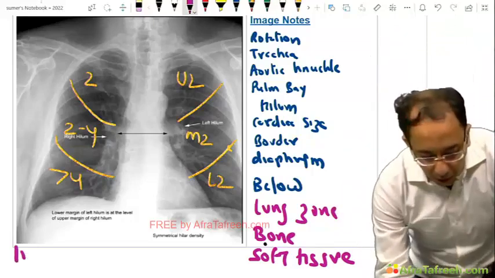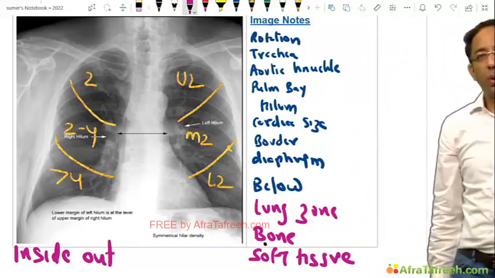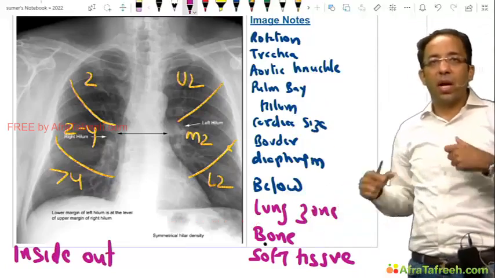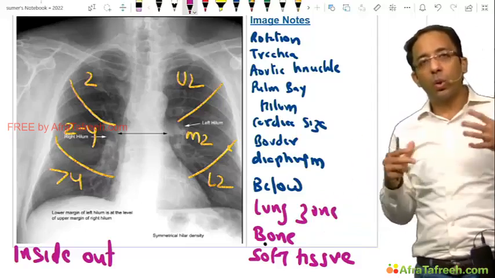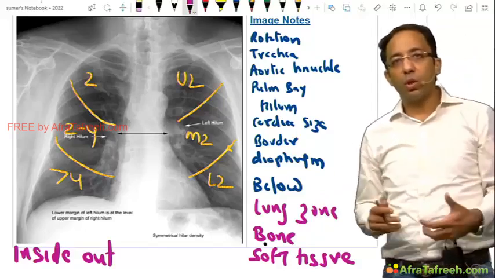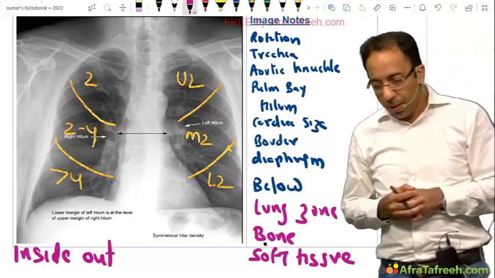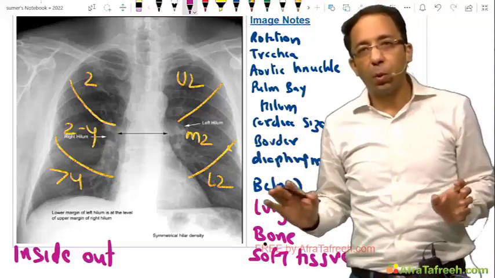This is what is called the inside out approach to a chest X-ray, so that nothing is missed. If you notice, I have seen a lot of structures: the mediastinum, heart, aorta, great vessels, lungs, diaphragm, and below the diaphragm also. Clear? This is the approach. This is not an MCQ. This is just a clinical approach.